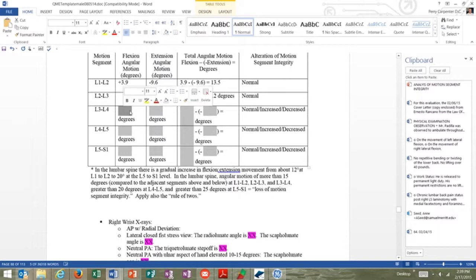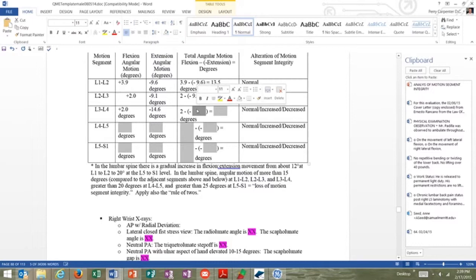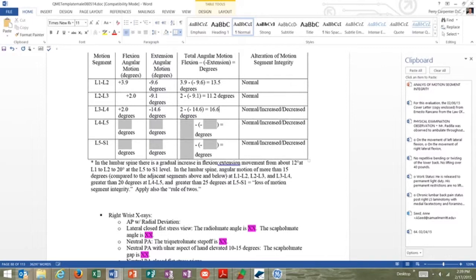Okay? What about L3, L4? Well, here we had a flexion measurement of positive 2.0 degrees. In extension, we had minus 14.6 degrees. If we do the math, 2 minus 14.6 equals 16.6 degrees. And I'm going to say that that's within normal limits.